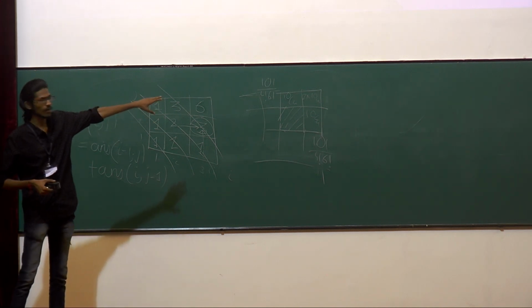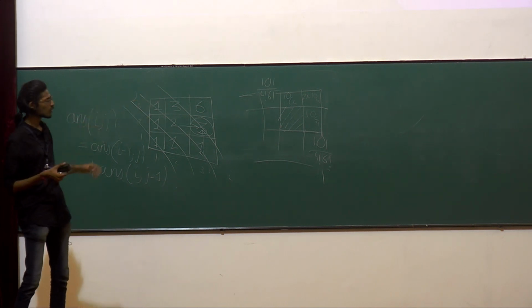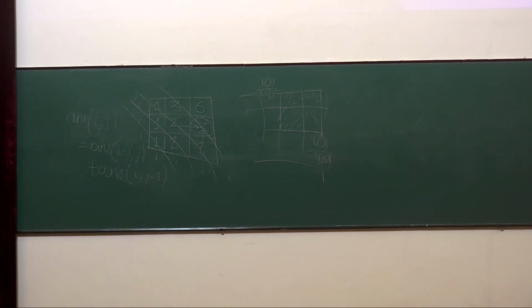I hope you got how the answer for that cell came, right? Now if I give you black cells randomly somewhere in the grid, you can still calculate the number of ways to go from here to there.